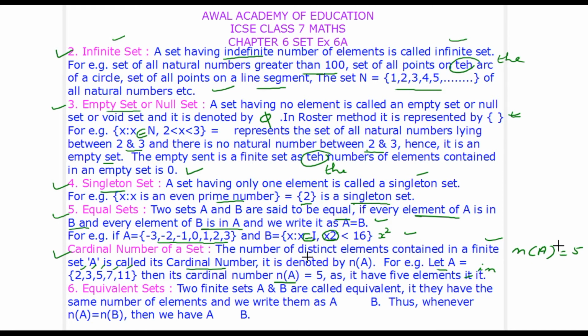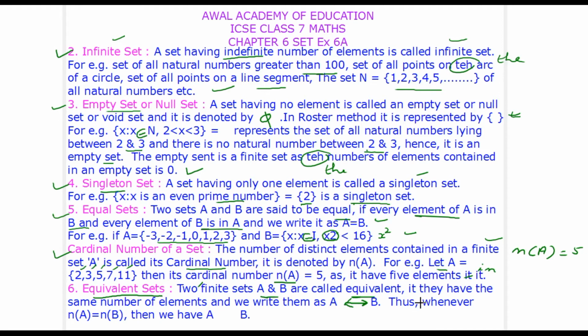Now equivalent sets. Here all the above 5 were single sets, right? Now these sets come in pairs from 6. Number 6 is equivalent sets. The 2 sets above were only one set. Two finite sets A and B are called equivalent if they have the same number of elements, and we write them with this symbol.